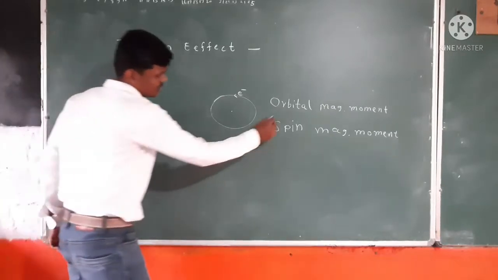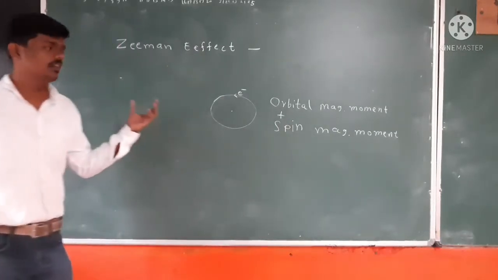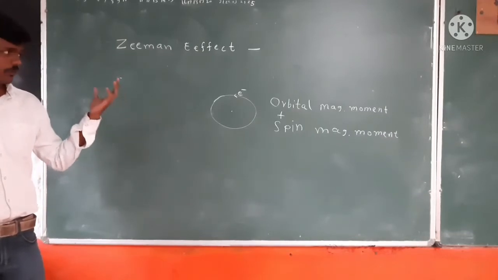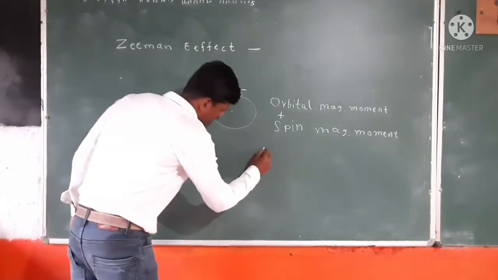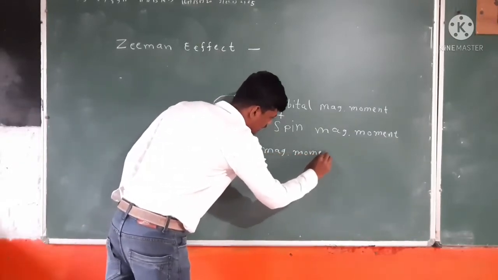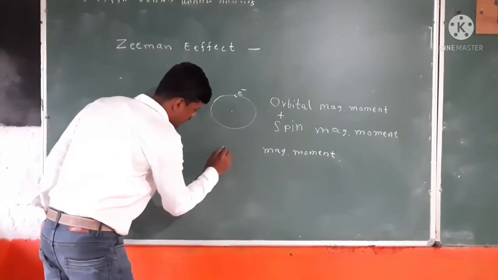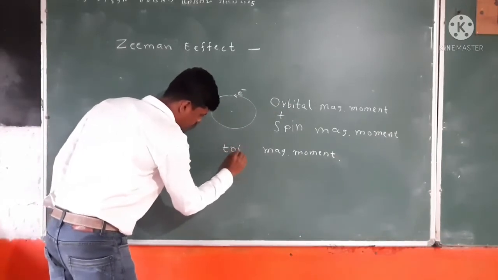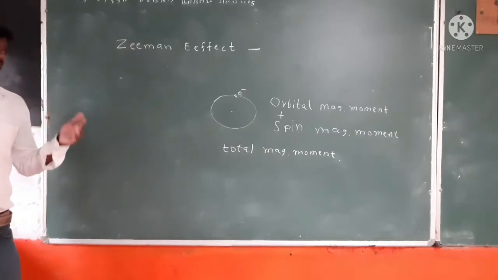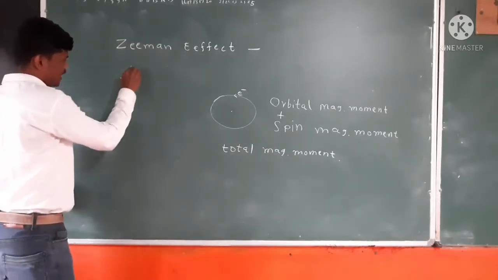That's their summation, we can easily say. So they will interact with each other, and that resultant magnetic moment of that atom will be the atom's total magnetic moment.